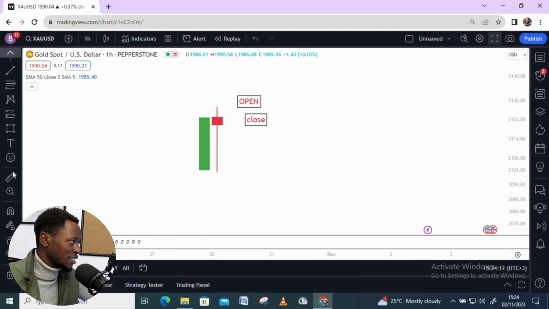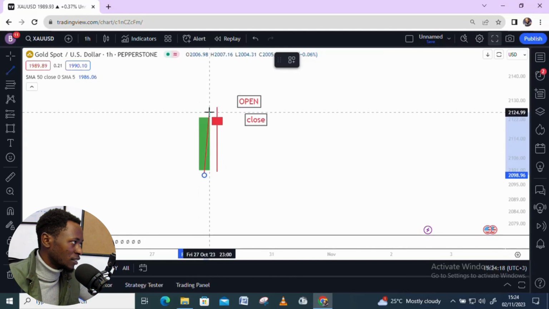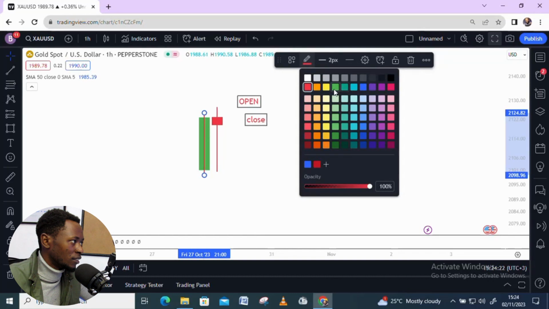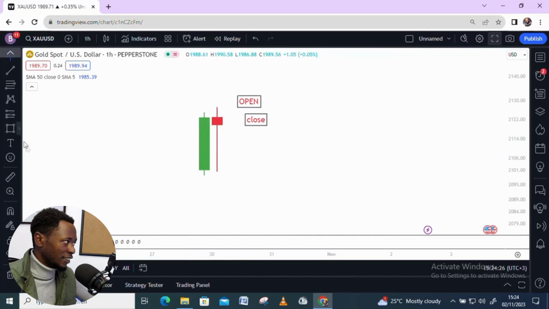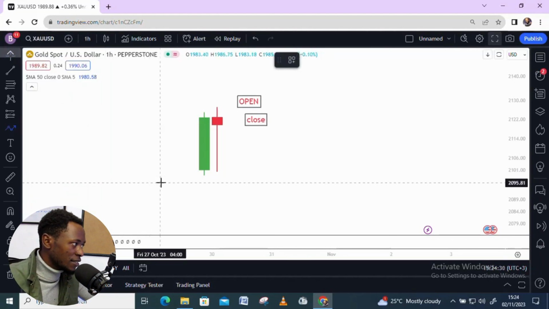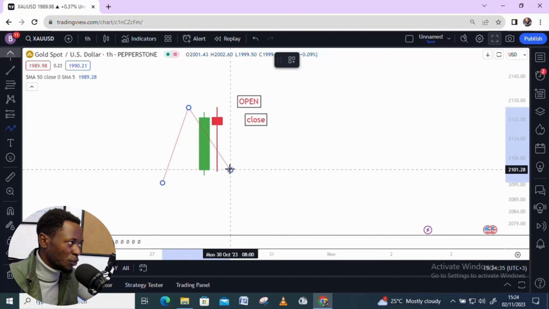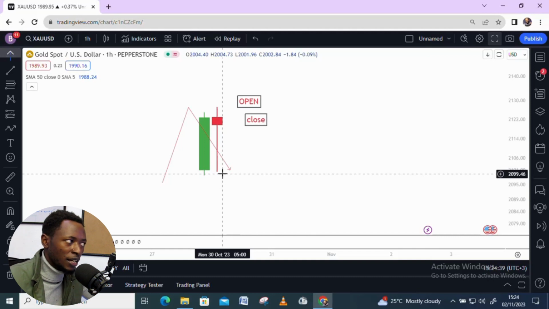So this is in an uptrend. Price was moving higher, hits resistance and forms.